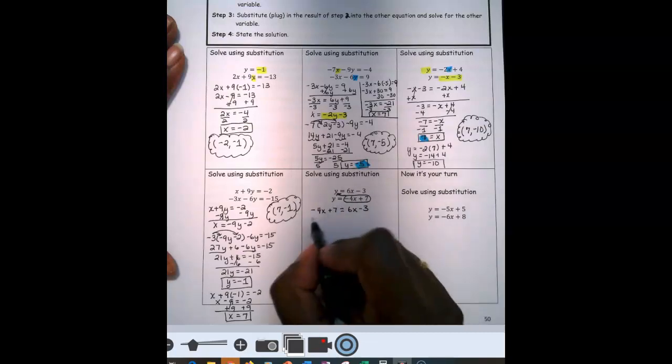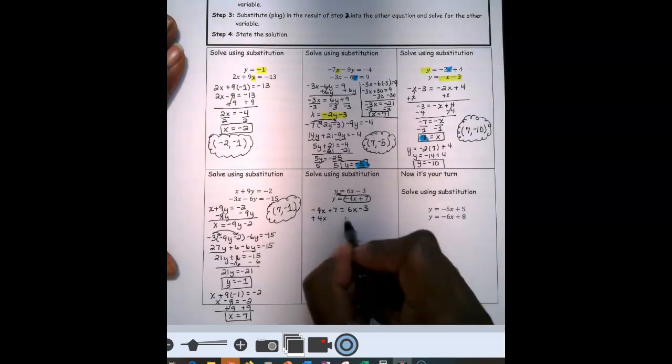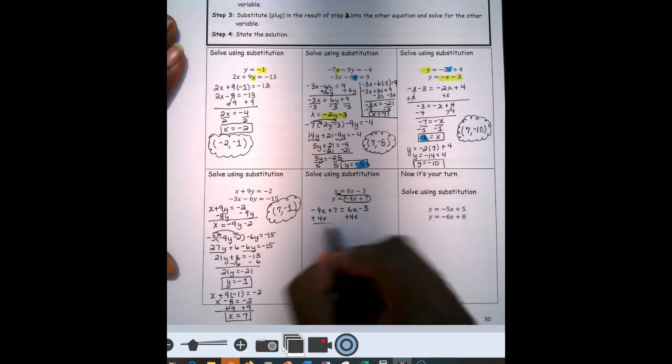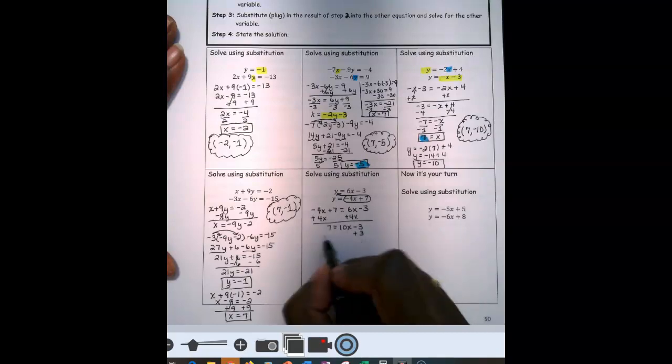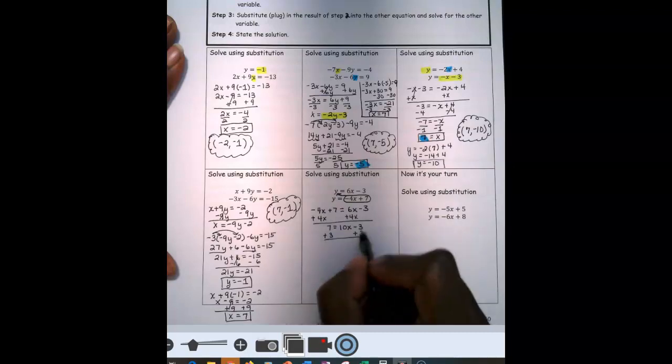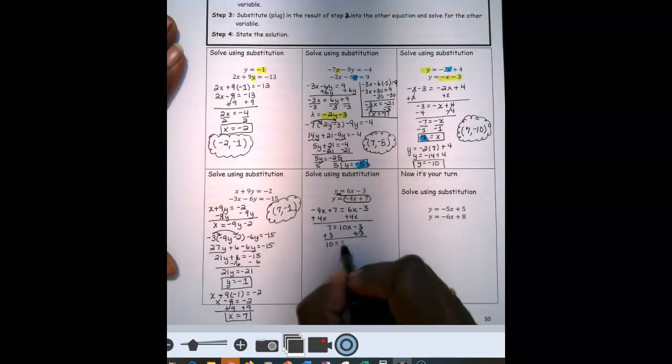And then solve. So I'm going to add 4x to both sides of the equation. And I've got 7 equals 10x minus 3. I'm going to add 3 to both sides of the equation because I want the x term alone.